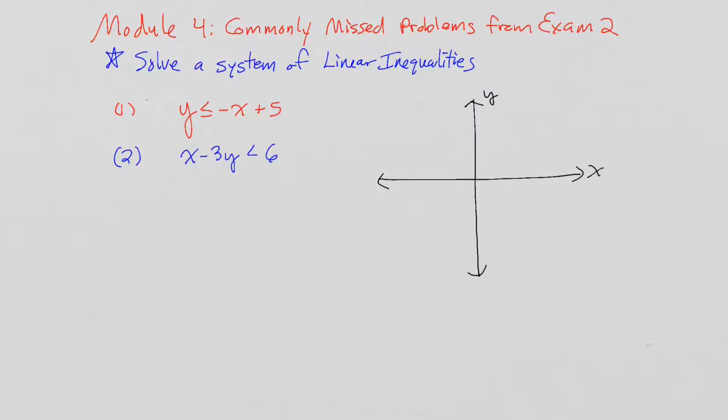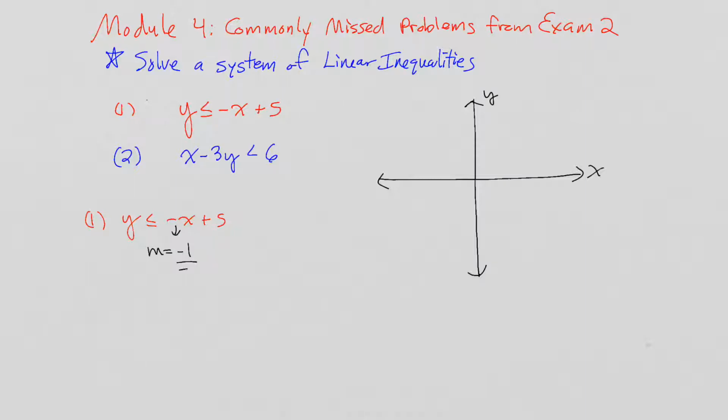And so equation 1, like I said, we can see the slope right here. So m is equal to -1, which we need to make this a rise over run.